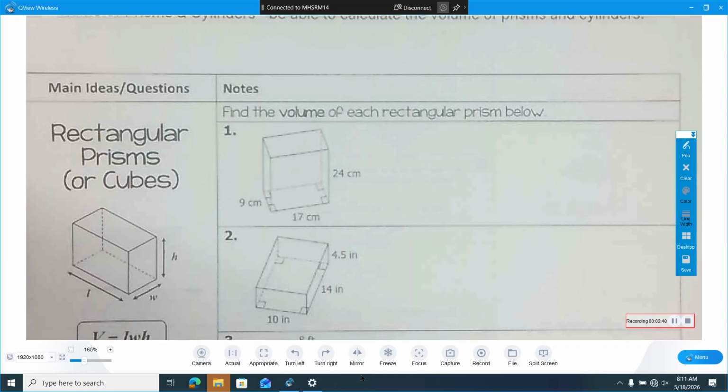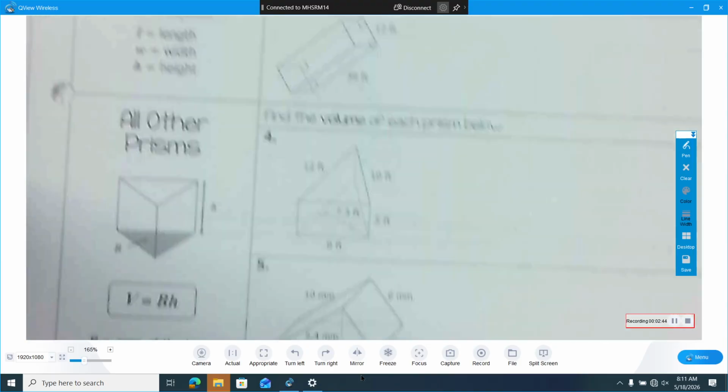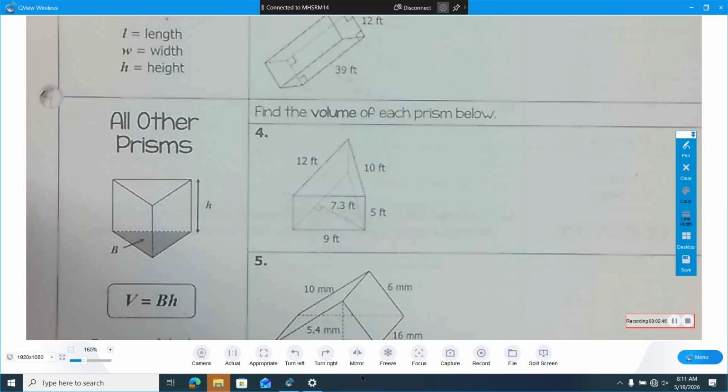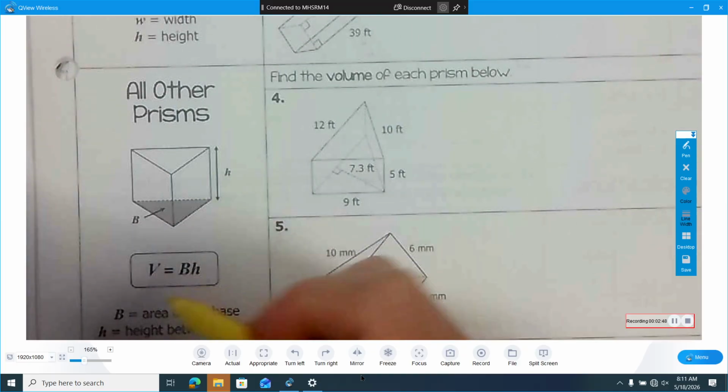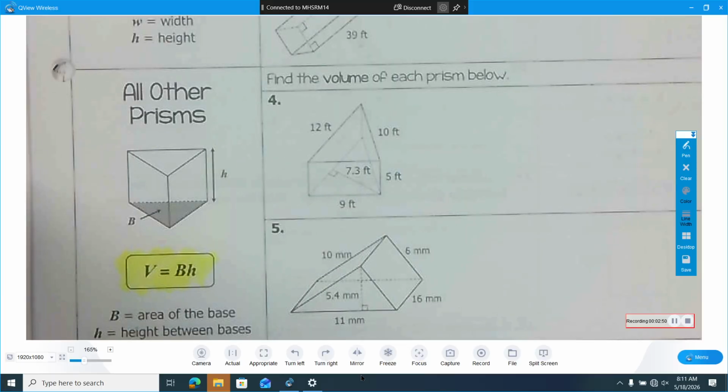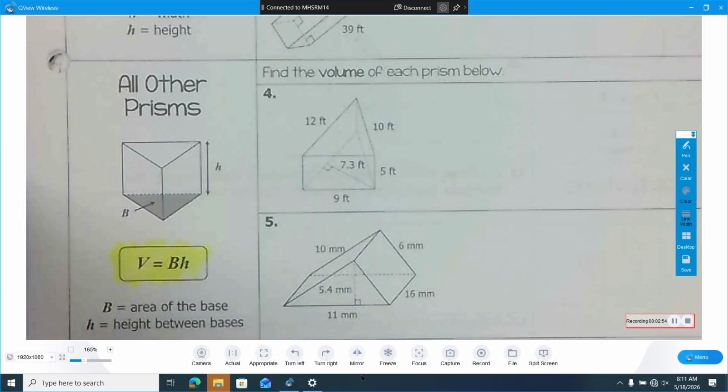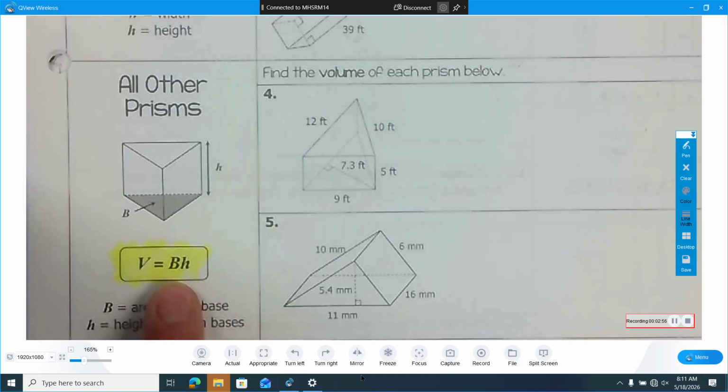All prisms and cylinders use this formula: the volume equals capital B times H.